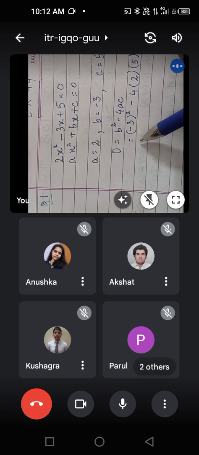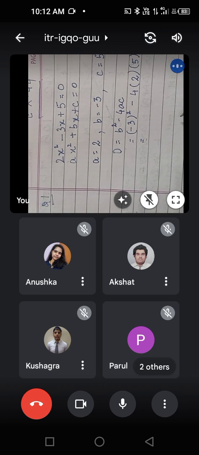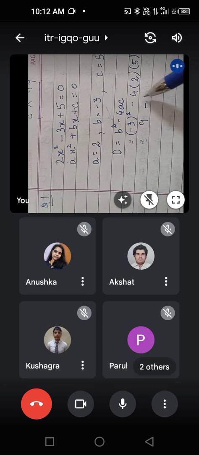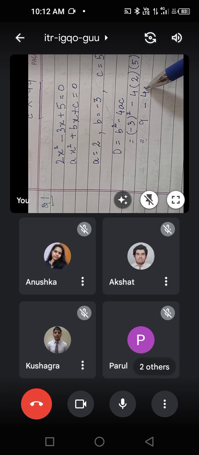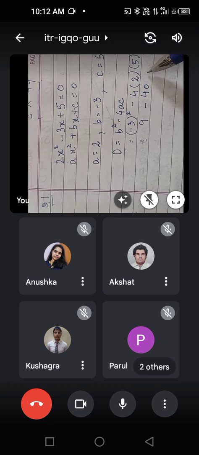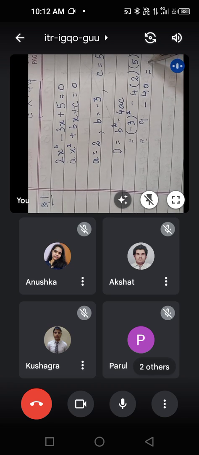We get here 3 square is 9, minus 4 into 2 into 5 is 40. That is nothing but minus 31.